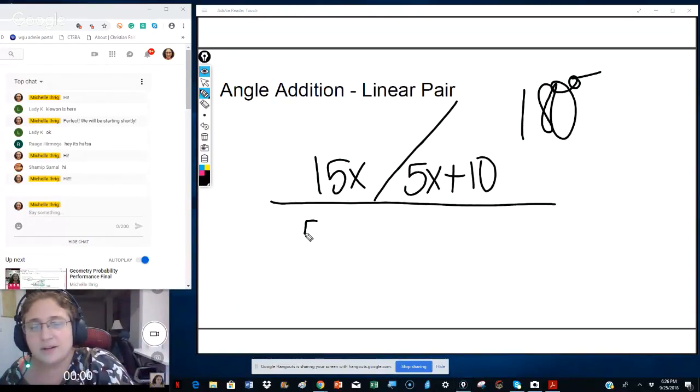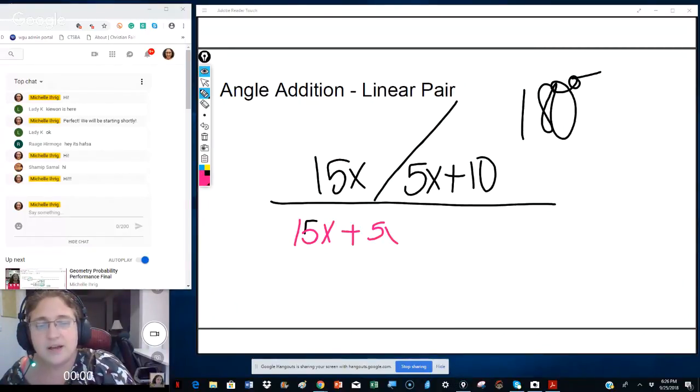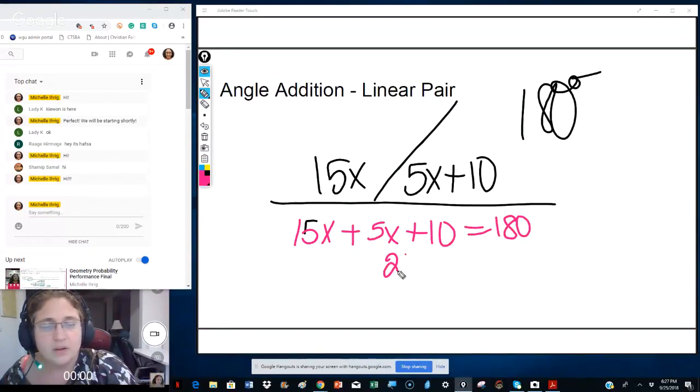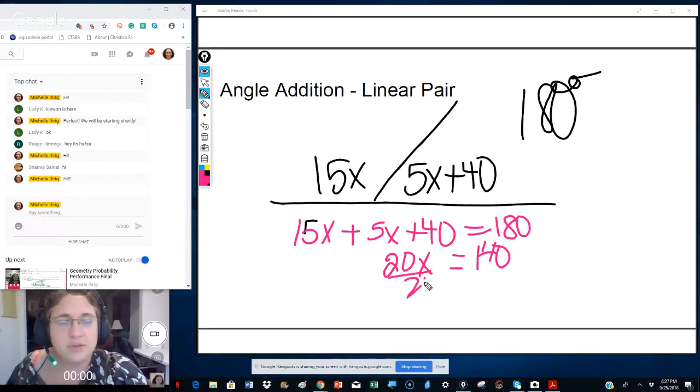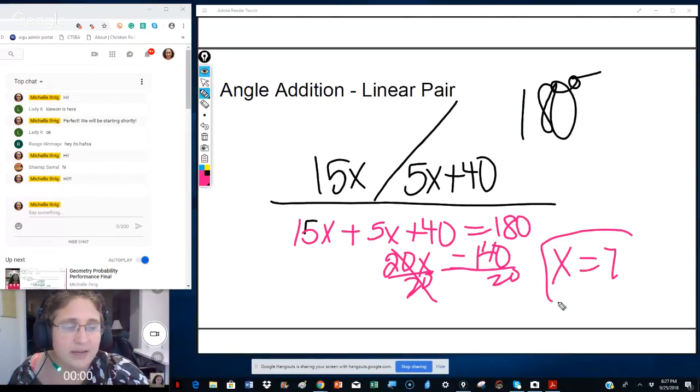All you need to do, because it's a linear pair, is add them up. 15x plus 5x plus 10 is 180. 20x plus 10 is 180. Subtract 10 from both sides. Divide both sides by 20. X equals 7.